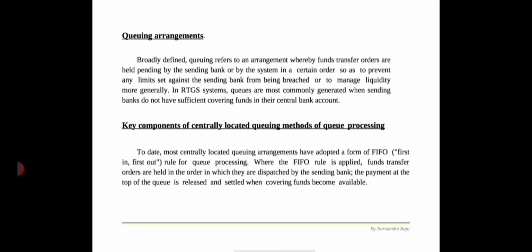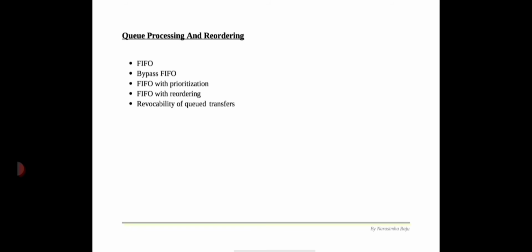That can be explained through the queuing processes and reordering. Assuming bank A has a balance of 100 rupees, then sends 5 outgoing transaction orders in a sequence, namely T1, T2, T3, T4, T5. Here T represents the transaction.